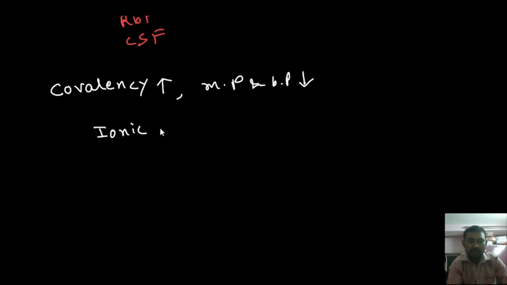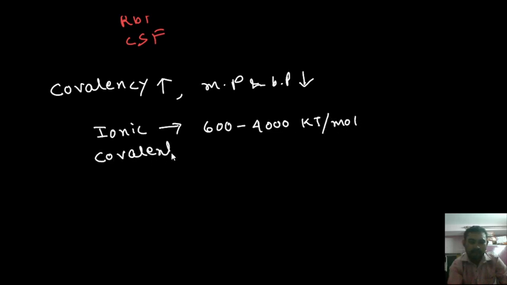So for the ionic bond, generally the energy of the ionic bond is around 600 to 4000 kilojoule per mole, but for the covalent compound, or for the single covalent bond, it varies from 150 to 400 kilojoule per mole, depending on the substance, because a covalent bond is formed by the sharing of two electrons.